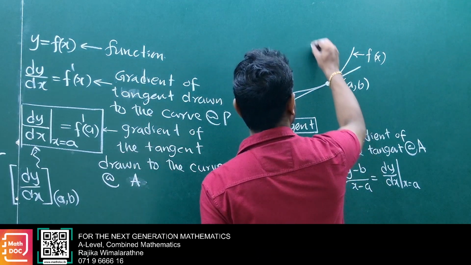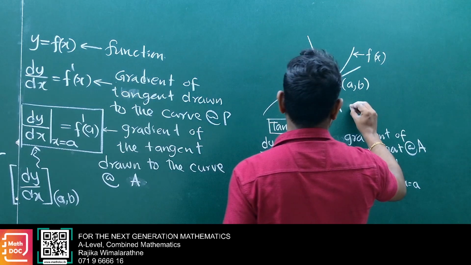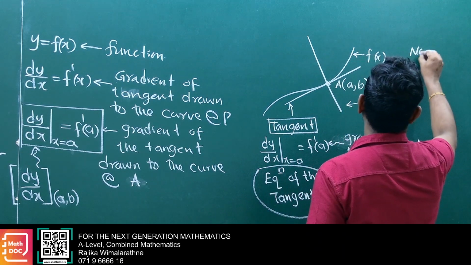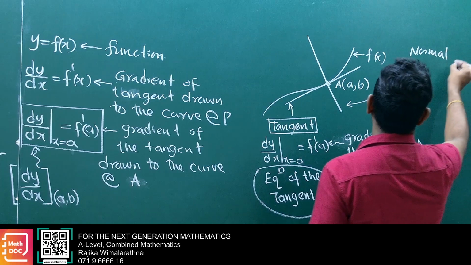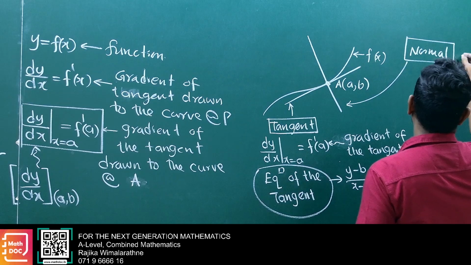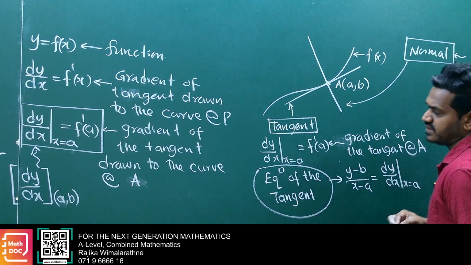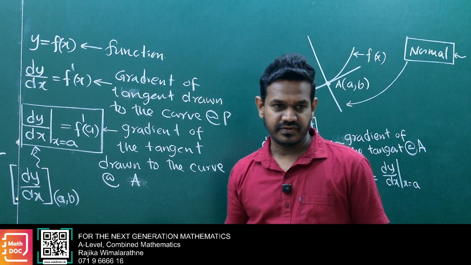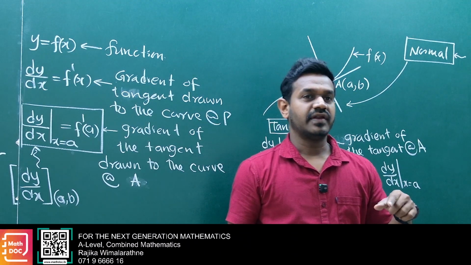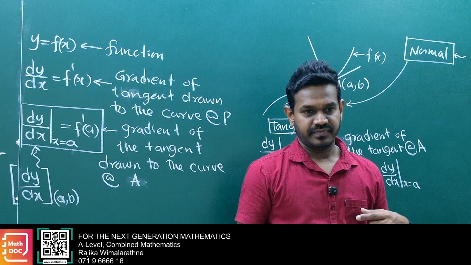Then this line we call the normal. The normal is perpendicular, so the perpendicular line's gradient is minus 1 over m.